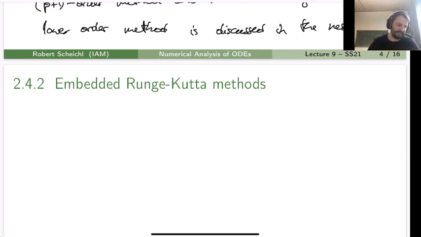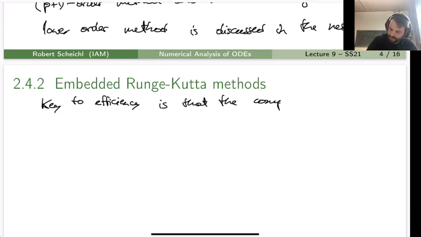And as I said, the key to efficiency, as the word embedded already says, is that the computed stage values gi are the same for both methods.